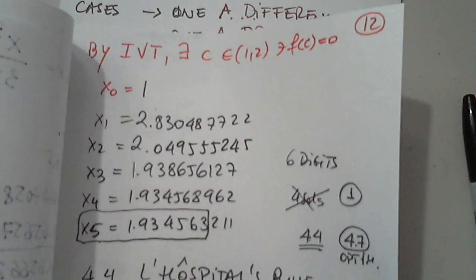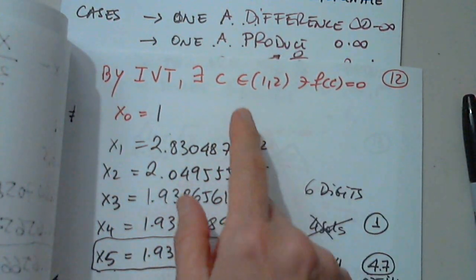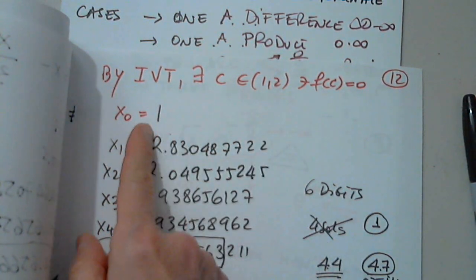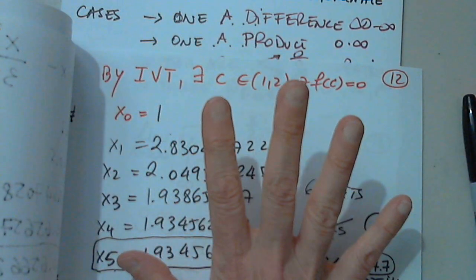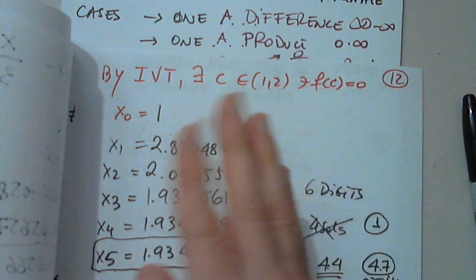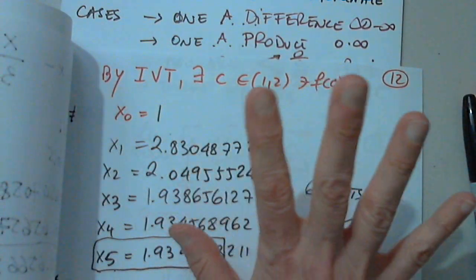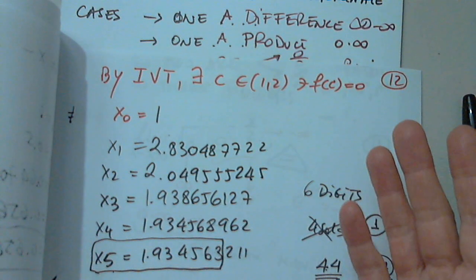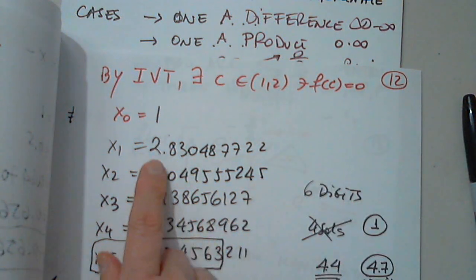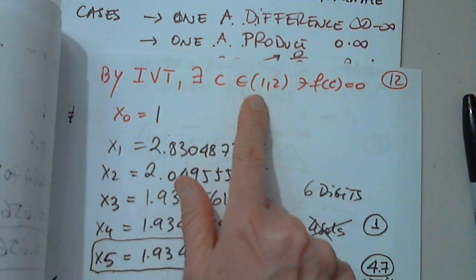Okay, so be careful. So here we had between 1 and 2. We started with 1. It jumped almost to 3. It's okay if it jumps once or twice, but if it goes on forever, no, it's not okay. Something is terribly wrong. So you see, we were expecting a solution between 1 and 2.